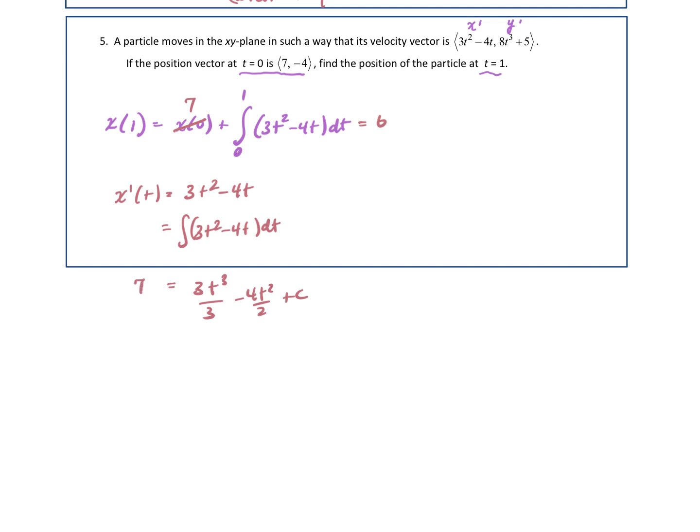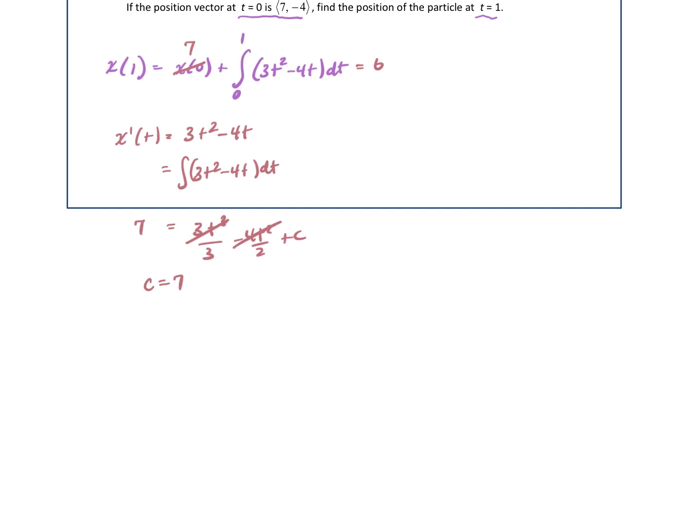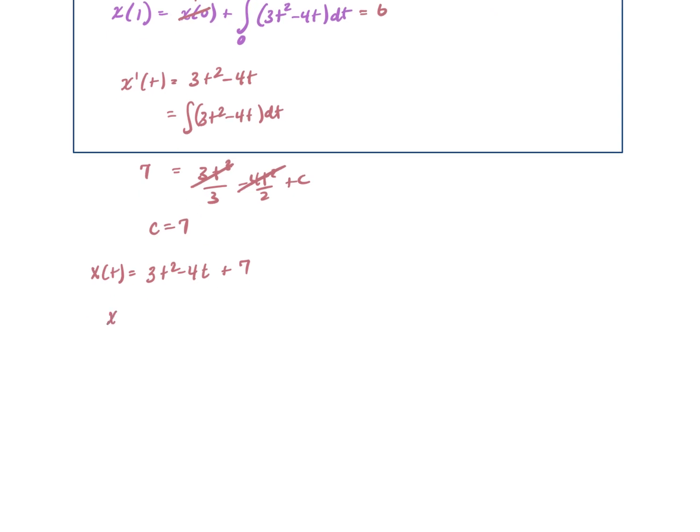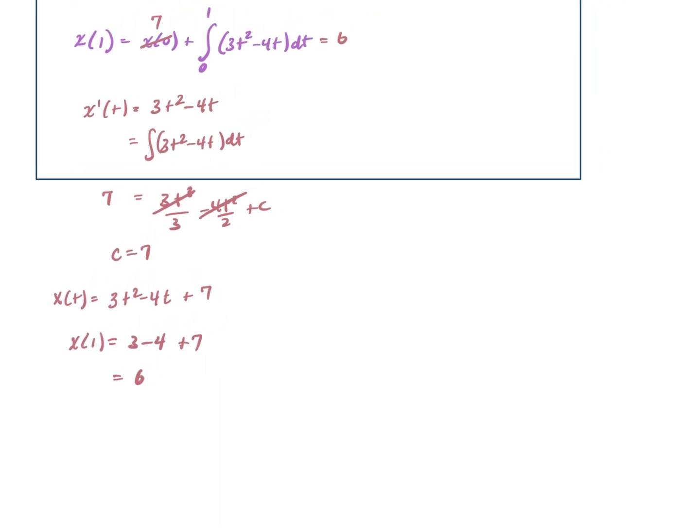So we get c is equal to 7. I'll get my position function as t cubed minus 2t squared plus 7. That's my position. And then if we want x of 1, we could just plug in: 1 minus 2 plus 7, which is 6. Okay, either way is fine.